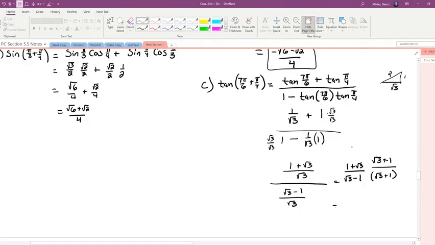Which is going to give me root 3 and root 3 on the bottom gives me a 3. Everything in the middle is going to cancel out, and a minus 1. And in the numerator, I get a root 3 plus 1. Root 3 and root 3 make a 3 and another root 3. Just make sure that's correct.